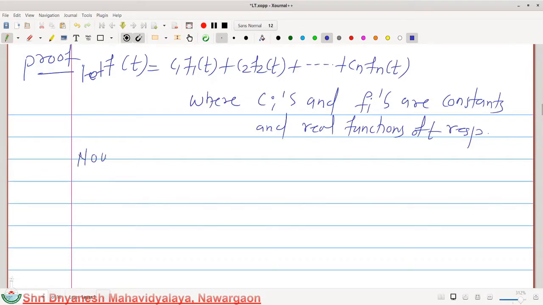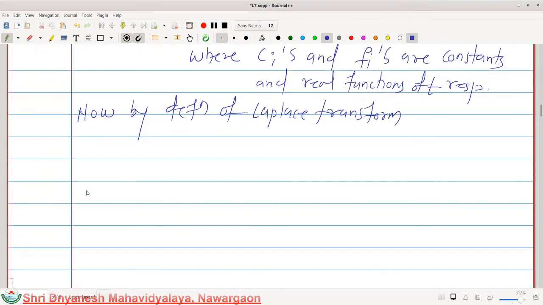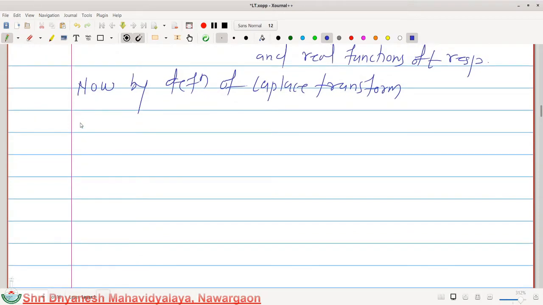Now by definition of Laplace transform, what we have, Laplace transform of f(t) equals integration from 0 to infinity e to the power minus st f(t) dt.